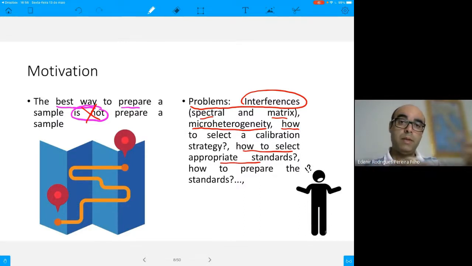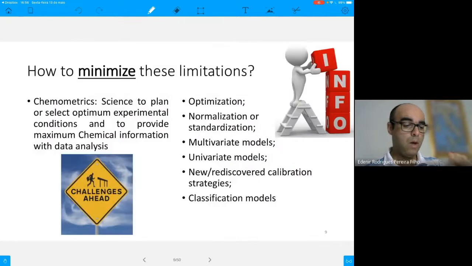We can use certified reference materials, reference samples, or samples with known concentrations. Okay, how to minimize these limitations?